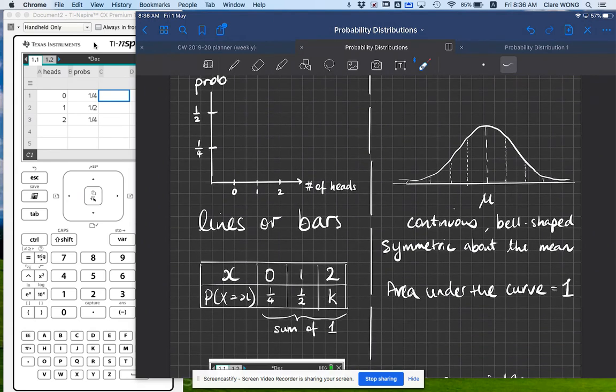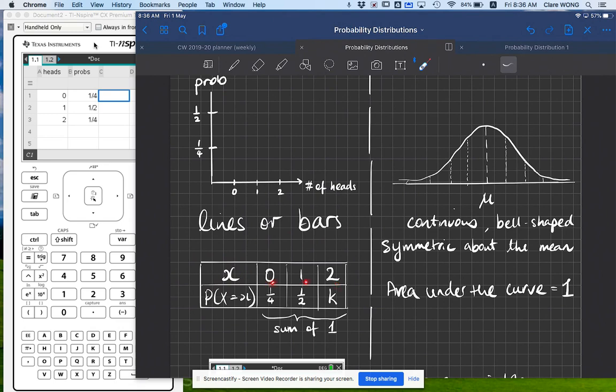Let's take a look at this table. This table is called a probability distribution table. This is how we use a different representation to list out all the probabilities. Since the random variable X is about the number of heads, we are going to use a lowercase x to represent all the possible values it can take on.